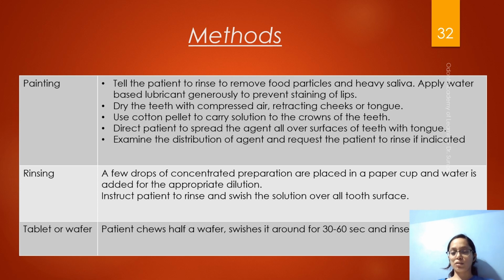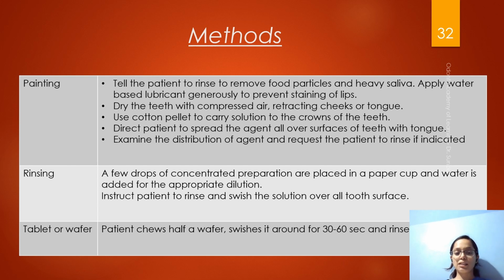We'll retract the tongue and the cheek. We'll use cotton pellets to carry the solution, and we will coat it on the crowns of the teeth. Okay, we'll ask the patient to spread the agent on all surfaces with the help of the tongue as well, and we will examine if it has spread on all surfaces. Okay, and if not, then we can ask the patient to rinse.